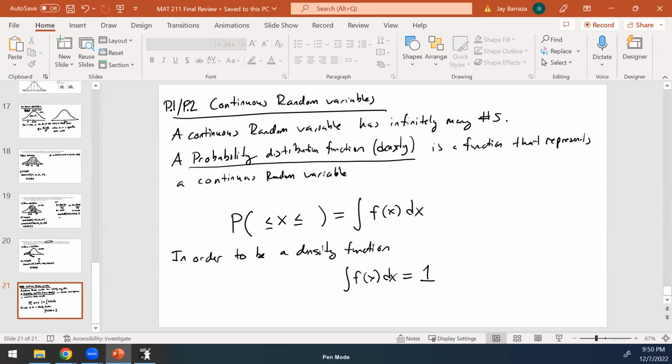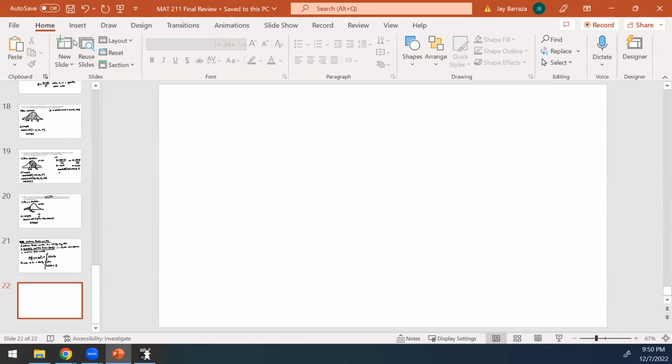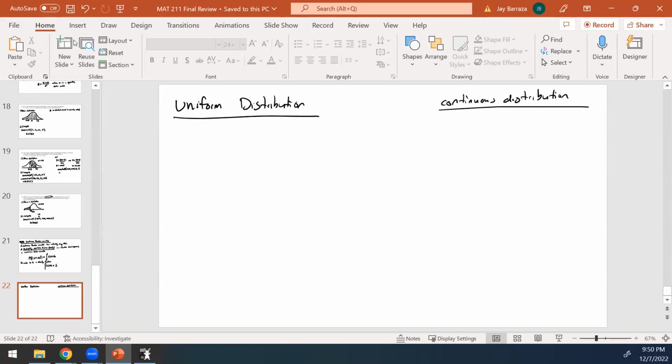I'm going to change these letters to C and D because later I might want to use the letters A and B for something else. So we're going to talk about the 2 main ones, uniform distribution and exponential distribution. I am not going to talk about normal distribution in this context because if we're using normal distribution, we're just using z-scores and all that stuff, so there's really no value in doing that.